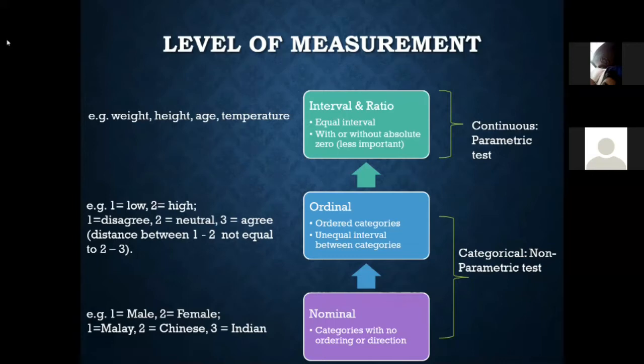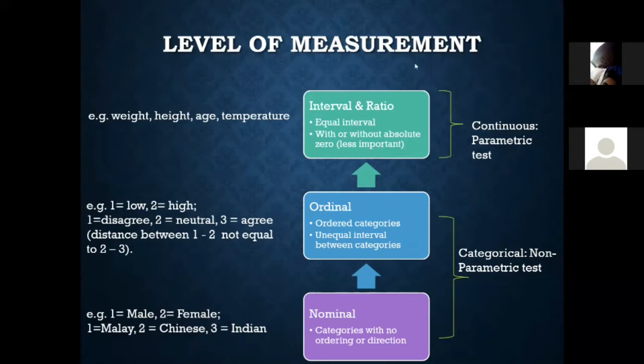We need to consider the level of measurement for the indicators. Therefore, you need to understand the meaning of level of measurement according to Stevens taxonomy.